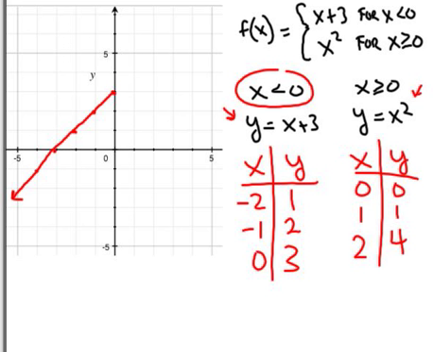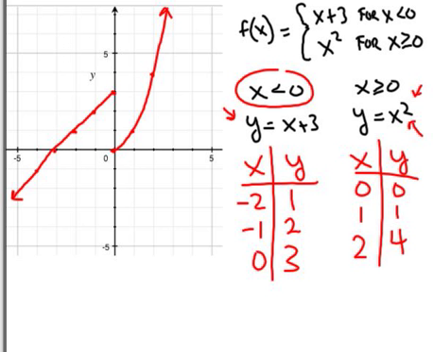Now I'm going to come back and use the y equals x squared function. And when I plot this, I'm going to get 0, 0, 1, 1, and 2, 4. What I know about parabolas is they're curved and they go up really, really fast. So for this part of it, the function is going to be curved and go up like this.